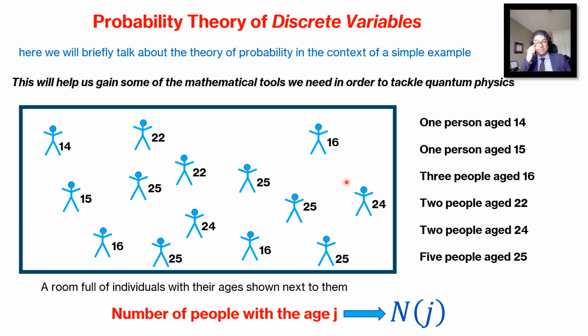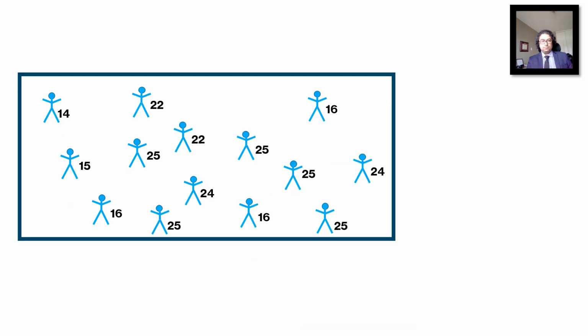I'm not talking about the exact age of the students in this classroom, but just the integer whole number that represents their age. So n is the number of individuals with the age j.